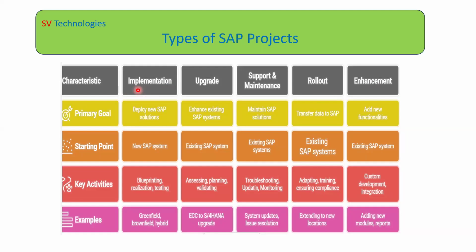Okay. So if you look at this implementation project, it will start with a new SAP system. Here I have given clarity. That means it is completely new; new means SAP system design will be started from scratch. In an implementation project, first, as a consultant, you should know from where you have to start your work.